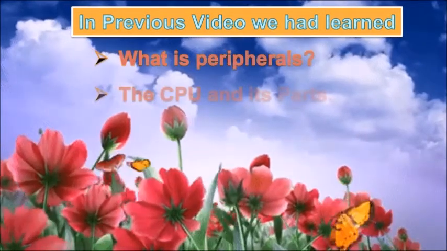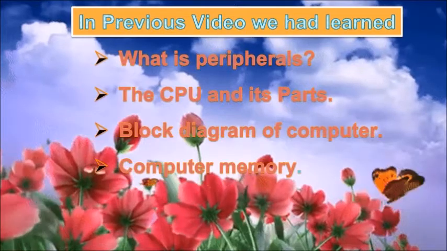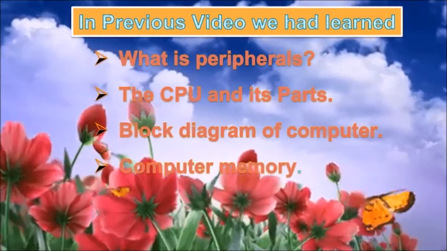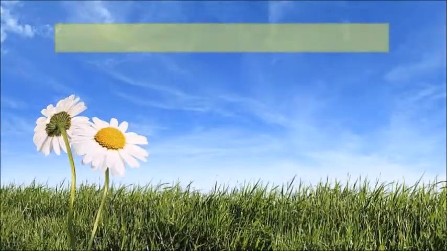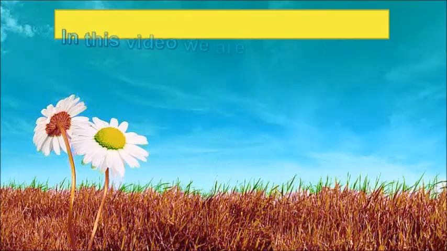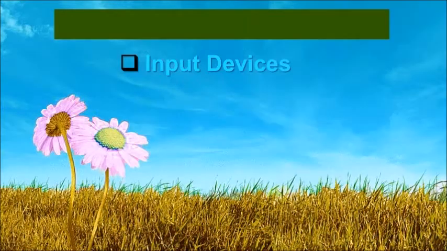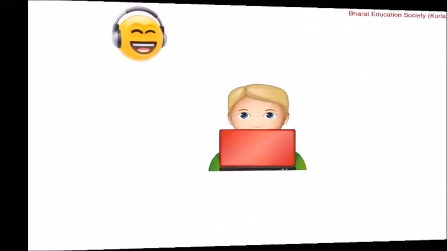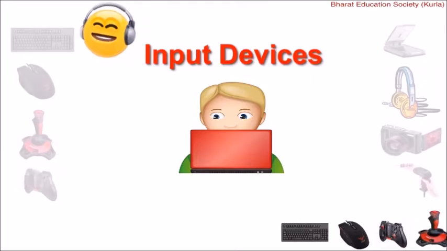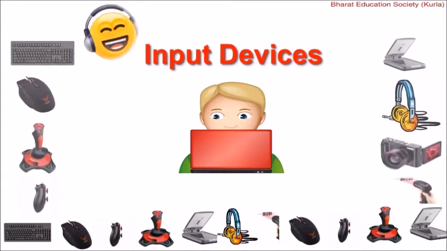In the previous video, we had learned what peripherals are, the CPU and its parts, the block diagram of a computer and computer memory. Now in this video we are going to learn about input devices and output devices. Input devices.